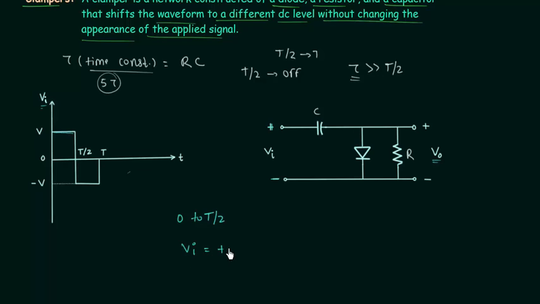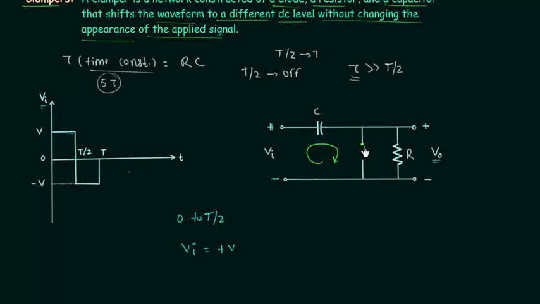So from 0 to T by 2, the input voltage VI is equal to plus V, and you can clearly see the direction of current is clockwise. The direction of current is similar to the direction of the arrow in the diode symbol. So this diode is forward biased, and I will replace this diode with a short circuit because we are considering the ideal model of the diode.